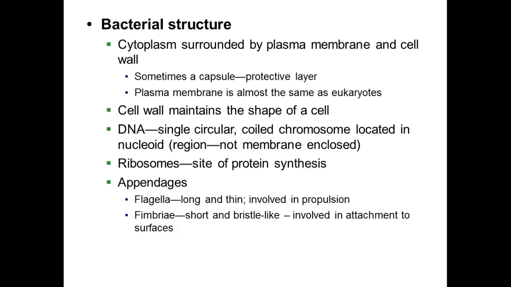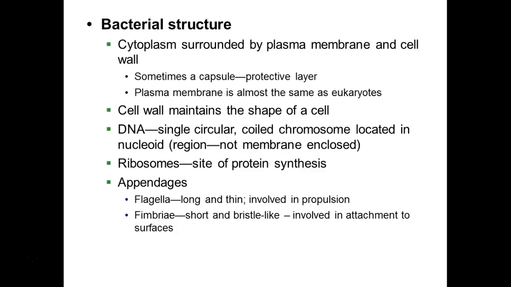Sometimes there's a capsule surrounding the bacteria. And in fact, if they do have a capsule, they are more virulent, more likely to cause an infection. That's because our white blood cells try to gobble them up, but they slip off of that gooey capsule. So our first word that's going to be part of your quiz is capsule.